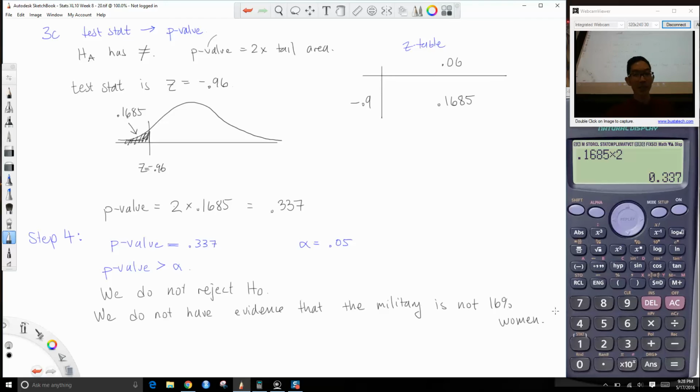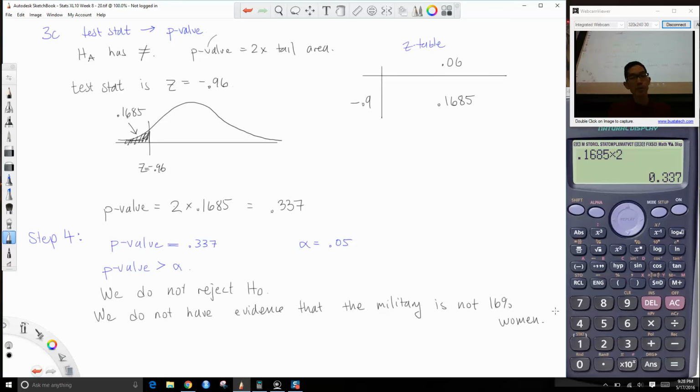Wait, why do we decide that we don't have the evidence again? So basically, the claim is that the military is 16% women. What happened is we took a random sample and we only got 13.5% women. The question is, could this result have happened from random chance alone, or is it an indication that the military is something other than 16% women?